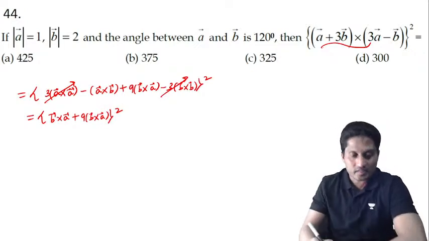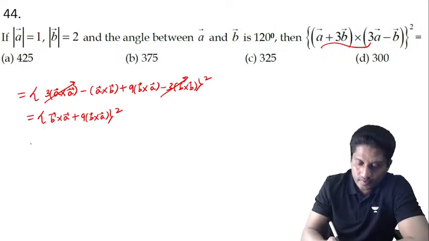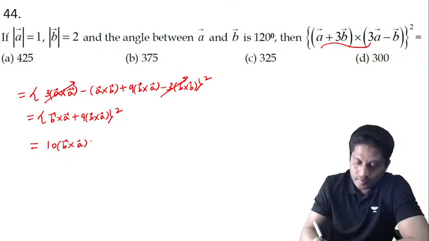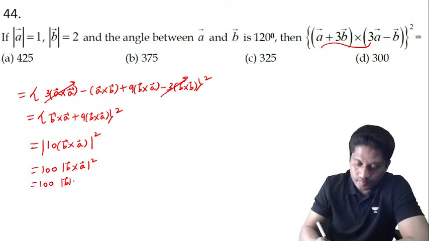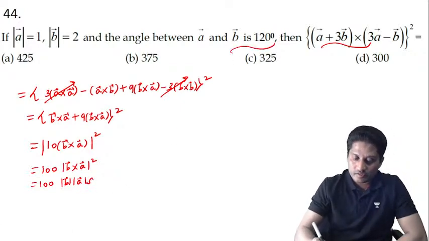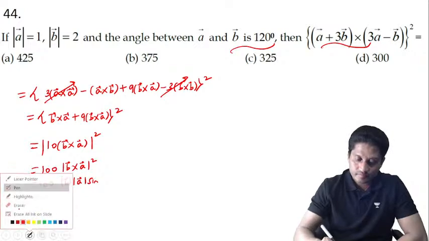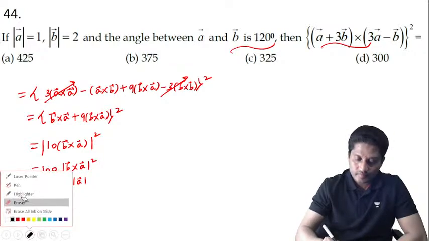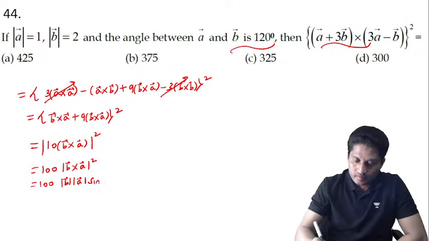Now this can be written as 10 times B cross A the whole square. 10 if you take outside it is 100. Modulus of B cross A the whole square. Okay, this is mod A mod B into sin theta. Angle between A and B is 120, right? So this is sin 120 the whole square.